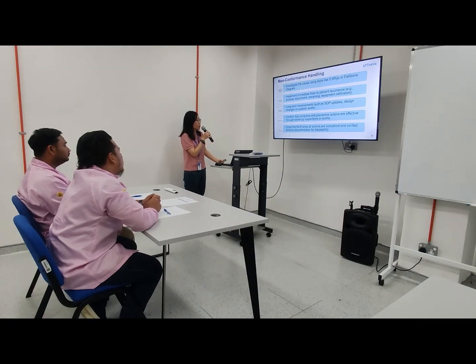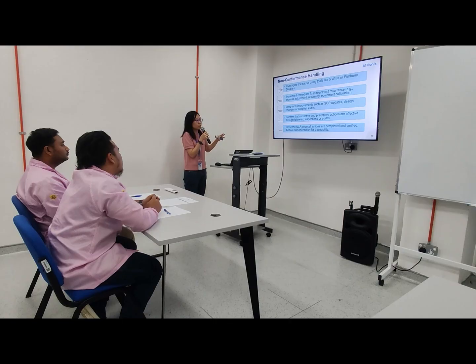After this, we will go for verification. Once the corrective action or preventive action had been taken, then we want to verify whether the action is effective or not through the follow-up inspection or audit. Closure, then we'll close the NCR when all actions are completed and verified. And then we'll archive the documentation for traceability. Okay, this is the non-conformance handling flow.